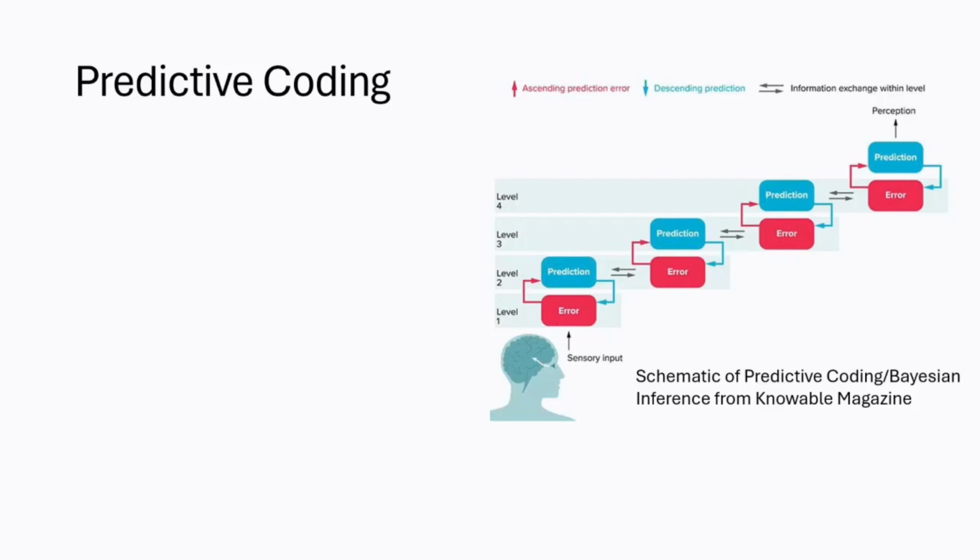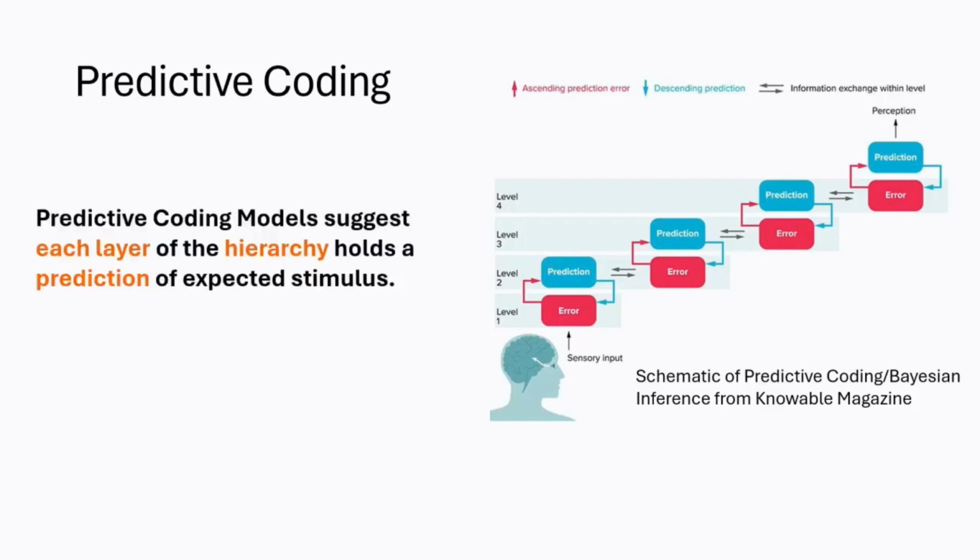And what predictive coding suggests is each layer of this hierarchy holds a prediction about what you are going to expect to see. So before I even look over here, I have some subconscious expectation of what I'm going to see. And what happens is sensory input comes in down to the bottom.